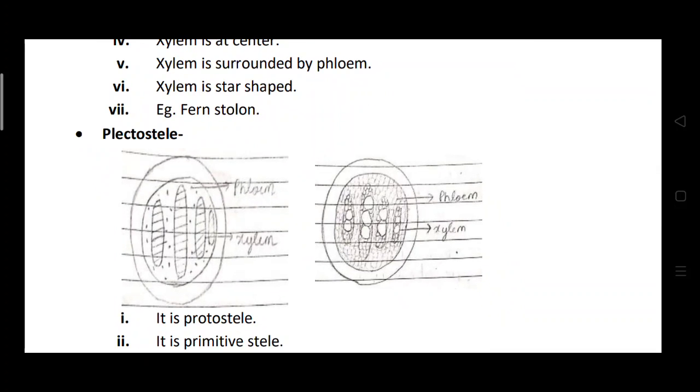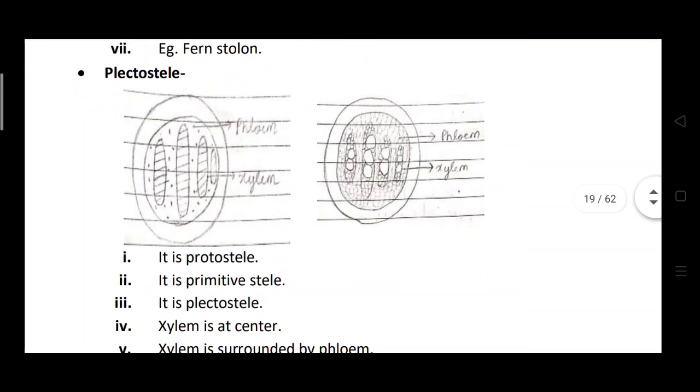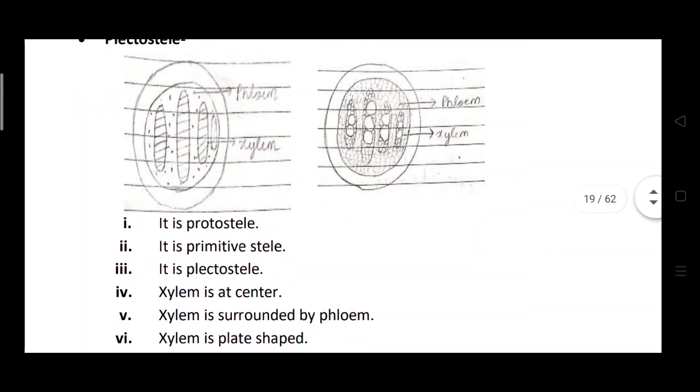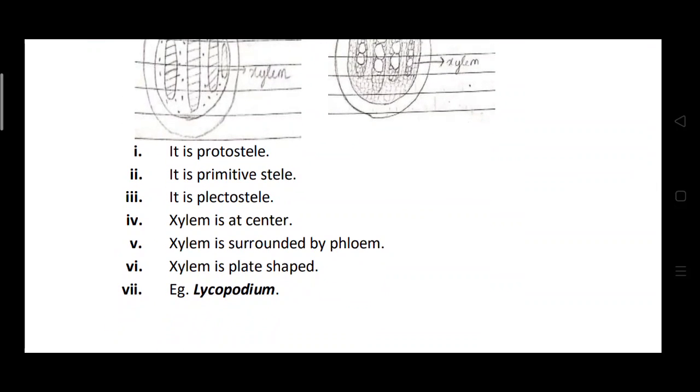Then the third type of protostele is the plectostele. The first characters are the same: it is a protostele, a primitive stele, the xylem is at the center and surrounded by the phloem, but the main difference is that the xylem is plate shaped.